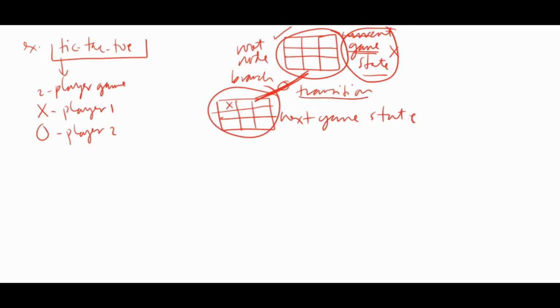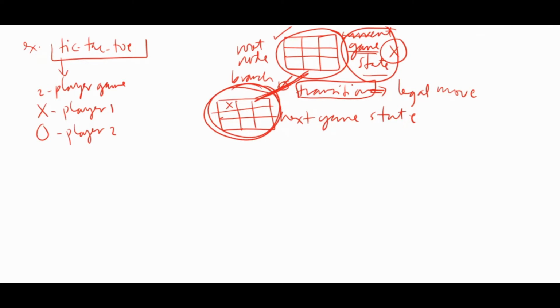This transition is done when a player makes a legal move. So this branch also represents a legal move, like putting the mark of player 1, which is X, on this vacant square, resulting in this next game state.